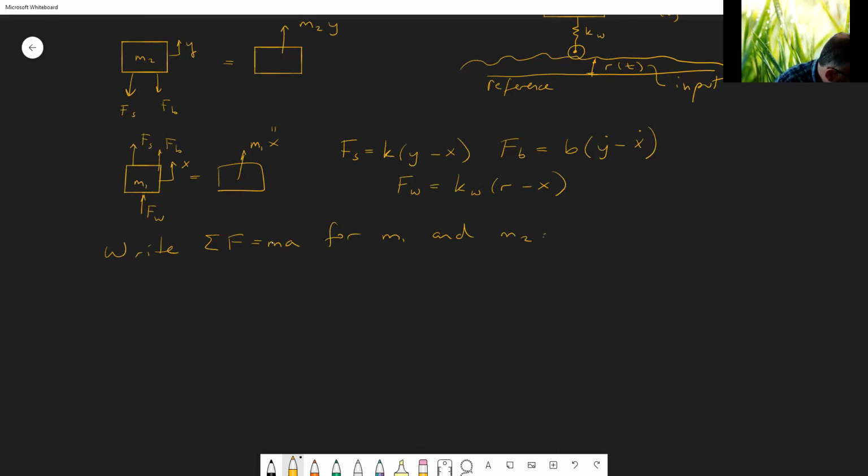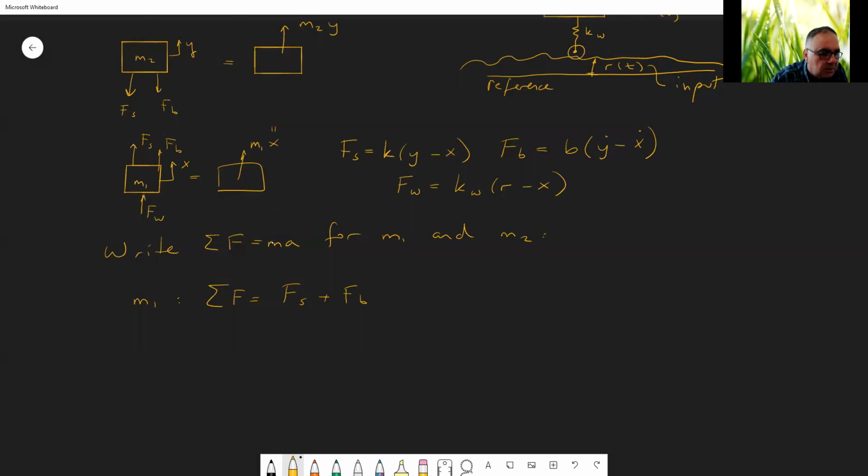So summation of forces on M1 is the spring force plus the damping force.